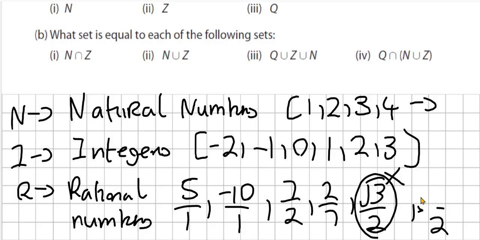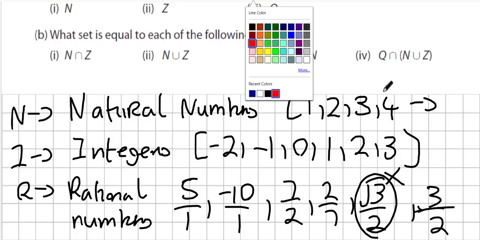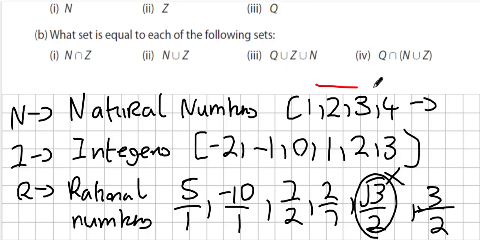Is that okay? Now, what I'm about to show you is the following. The way this works is: do you see all the natural numbers? All the natural numbers fit inside of the integers.